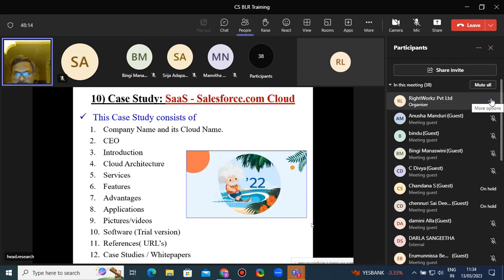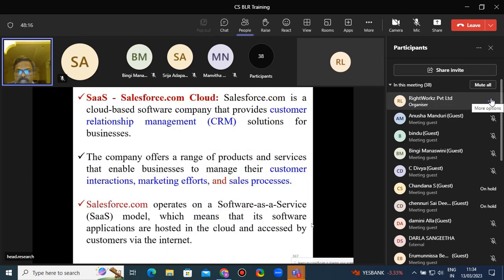So I take an example, Salesforce.com is a cloud-based software company that provides customer relationship management, CRM solutions for businesses. The company offers a range of products and services to enable businesses to manage their customer interactions, marketing efforts and sales processes.